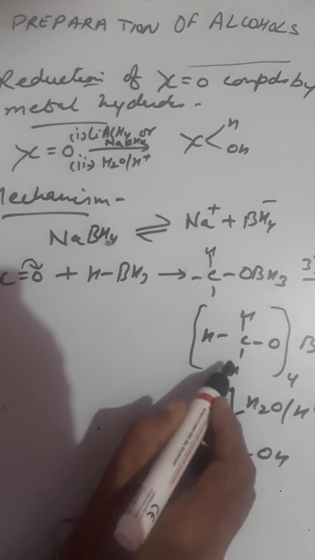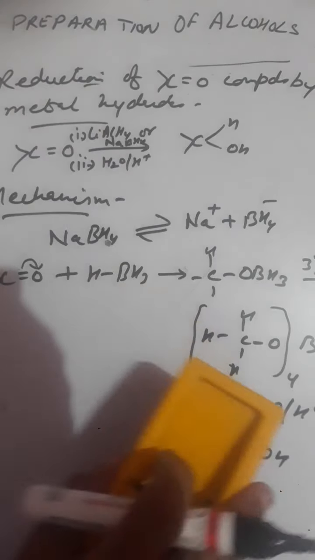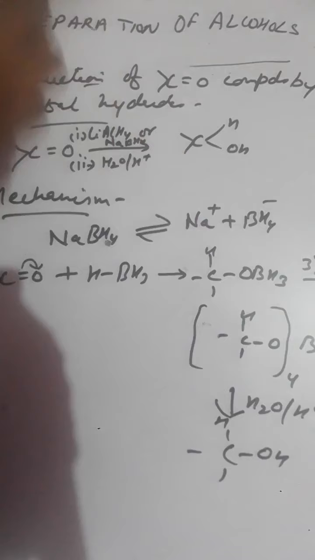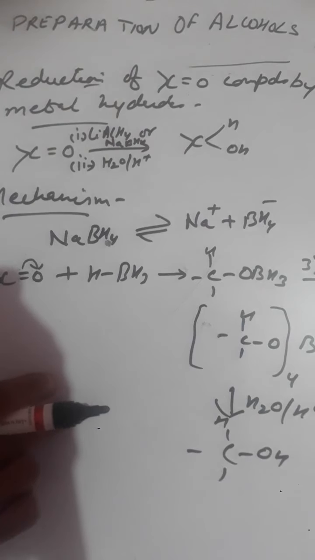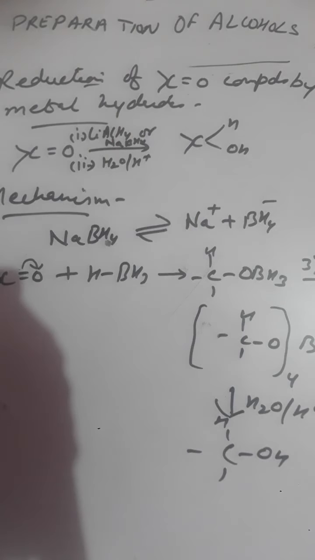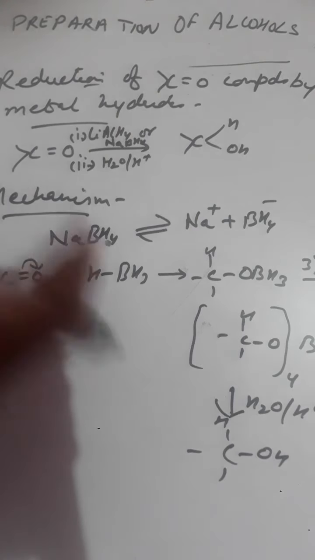Here you can write any group. This may be C or H, whatever. So this is the mechanism with the sodium borohydride. And in the next video I am showing other methods also.